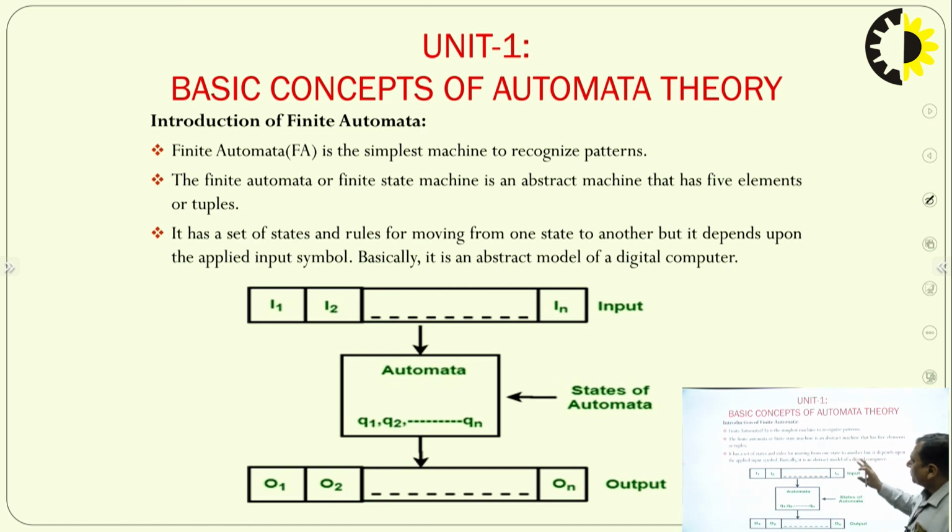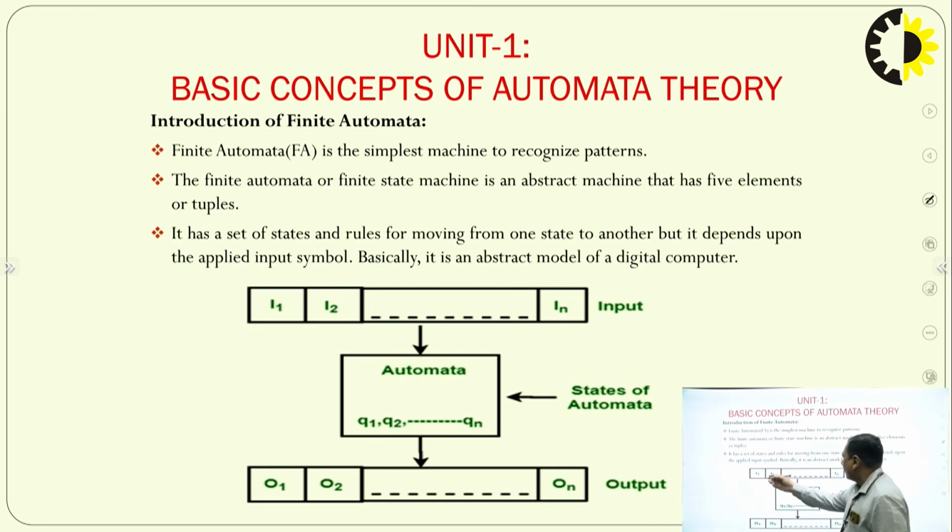So finite automata is a machine which has 5 tuples. It has a set of states and rules for moving from one state to another, but it depends upon the applied input symbols. एक स्टेट से दूसरे स्टेट में जाना है and we have to apply some input symbol. When on the machine we apply some input symbol, we will reach the next state and we will have some output.